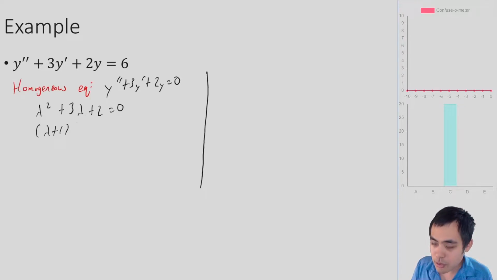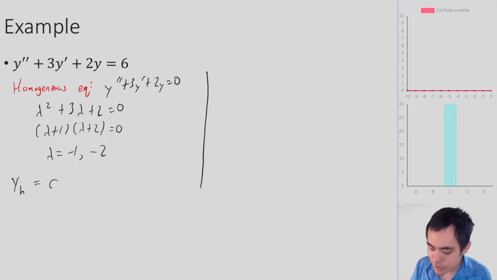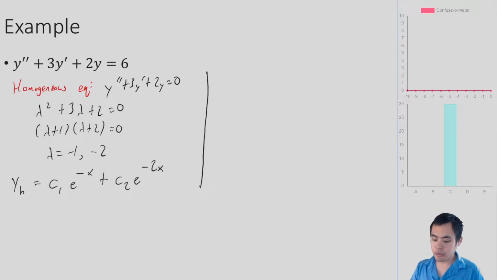Lambda plus 1 times lambda plus 2 is equal to 0. So lambda is equal to minus 1 or minus 2. And so the homogeneous solution is equal to c1 e to the minus x plus c2 e to the minus 2x, because we have e to the lambda x as each of our basic independent solutions.